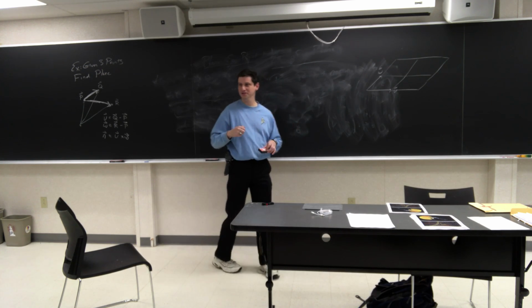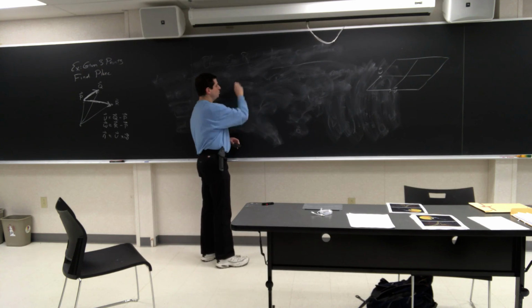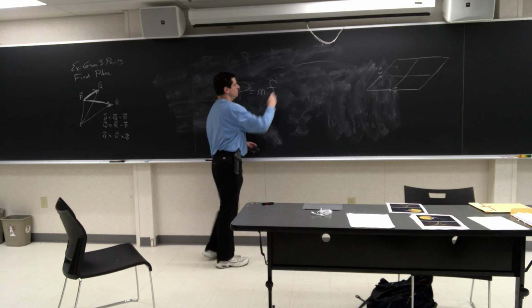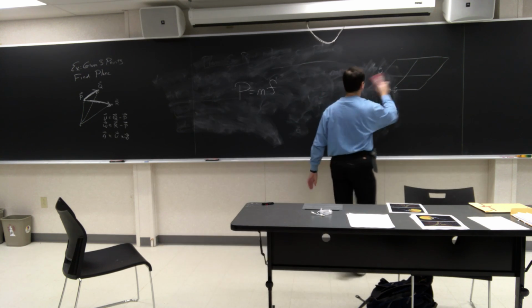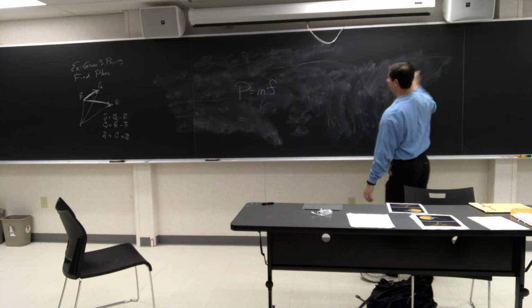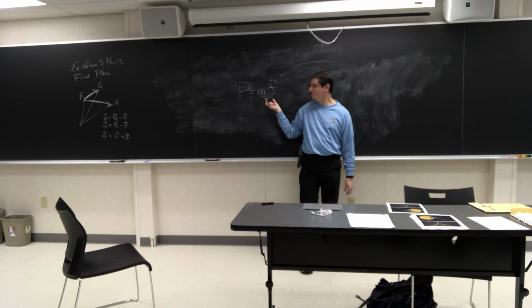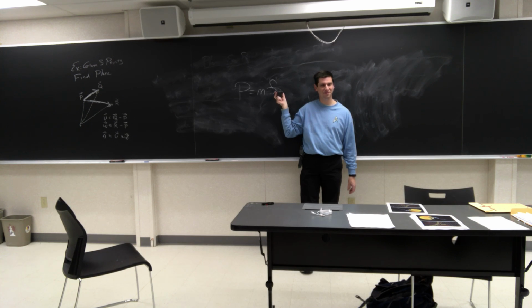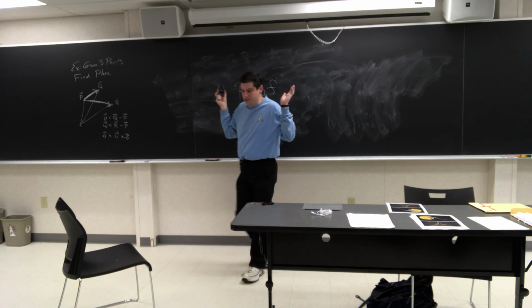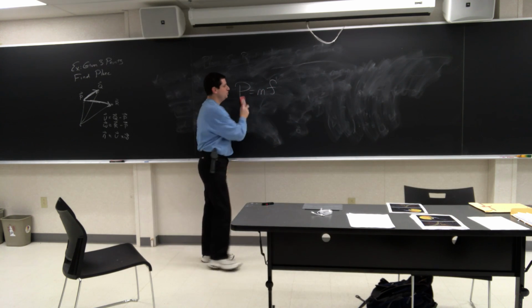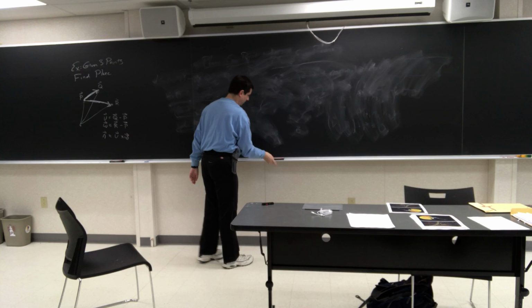Who are my physics students? The worst equation I ever saw in a physics book was P equals mf. Anybody know what equation that is? Newton's second law. This is Newton's second law of force equals mass times acceleration. This was the worst notation I've ever seen. You're allowed to write Newton's second law like that. You just need to be very careful and aware.